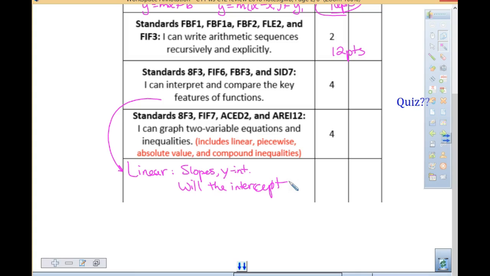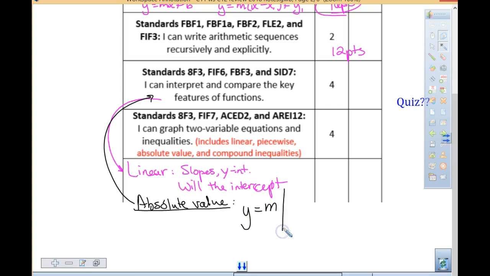So, thinking about that, when we think about key features, what's the other type we graphed? Absolute value, right? When I talk about my key features for absolute value, what am I talking about? Well, remember, what does the absolute value equation look like? Y equals m times x minus, and I don't think we used x1 and y1.